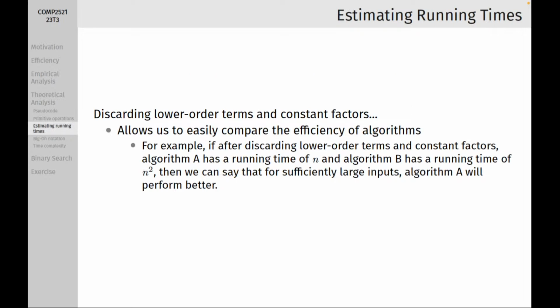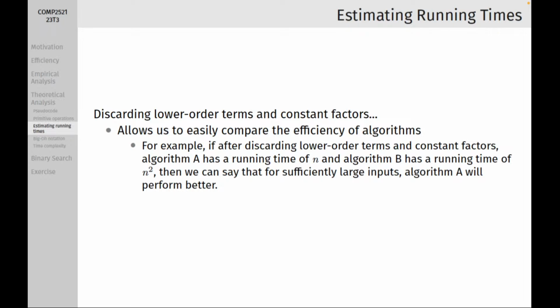Okay, so what is the advantage of discarding the lower order terms and constant factors? It allows us to easily compare the efficiency of algorithms, because you've got very simple terms like n squared, n cubed, log n, and so on.